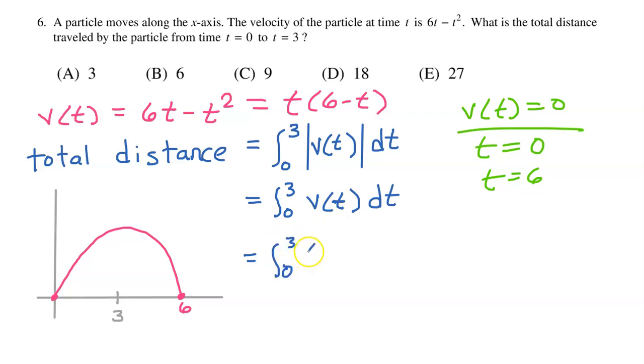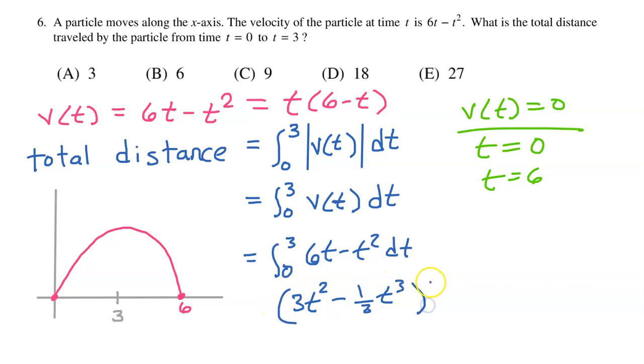So the integral of 6t minus t squared dt. The antiderivative of 6t will give us t squared, then we divide by the new exponent, which gives us a 3. Similarly, the next term will be 1/3 t cubed.